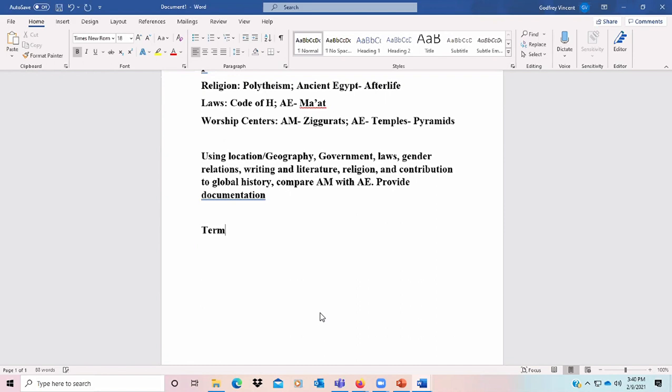These are the terms in chapter 2: polytheism, cuneiform, epic poem, Hammurabi's law code, Pharaoh.